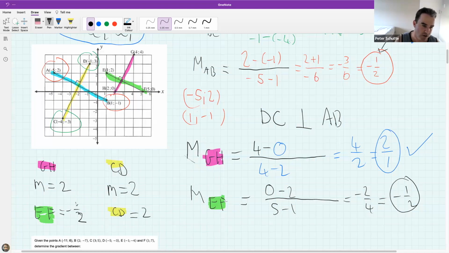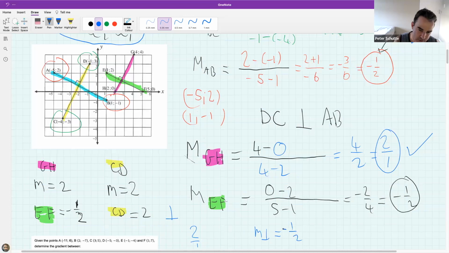What you notice is that these two lines are perpendicular. And when lines are perpendicular, they don't have the same gradient. What they have is negative reciprocals. So if you know one gradient is 2, to get the line that is perpendicular to that, you just flip it over. So you get 1/2, and you change the sign.